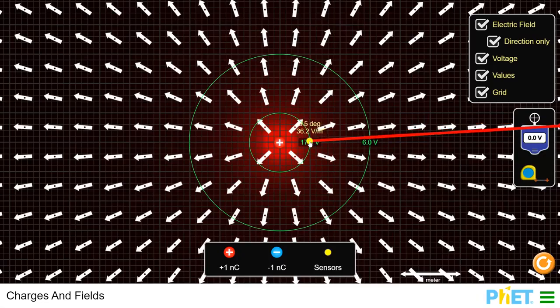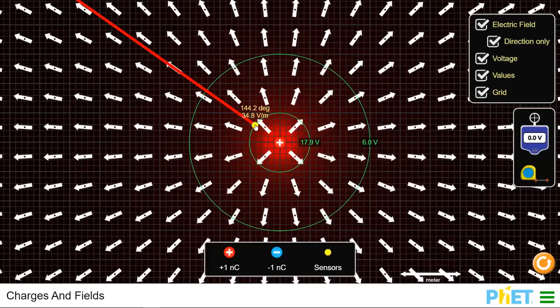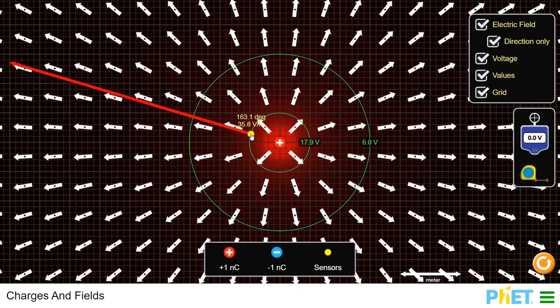Then the nearest along the equipotential line is 43.3. When we move around, we'll still get almost the same value since it's on an equipotential line.